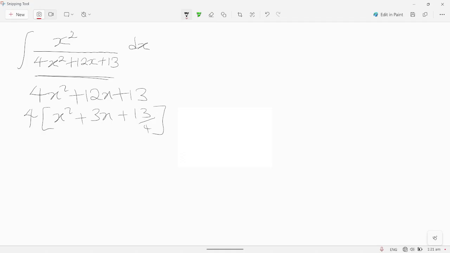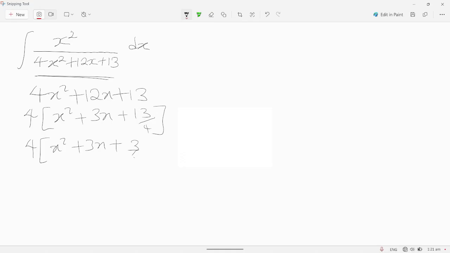Then the next step is obvious. For the coefficient of x, you have to add and subtract the square of half the coefficient of x. So this will just be x squared plus 3x. Half of 3 is 3 over 2.